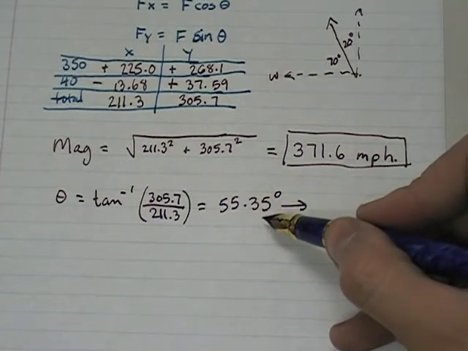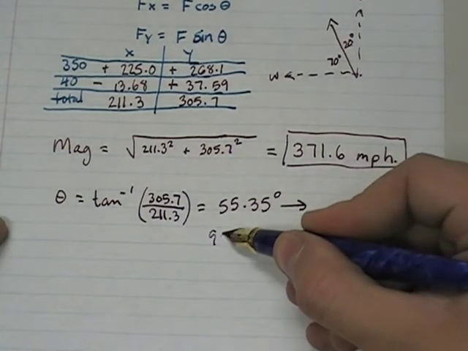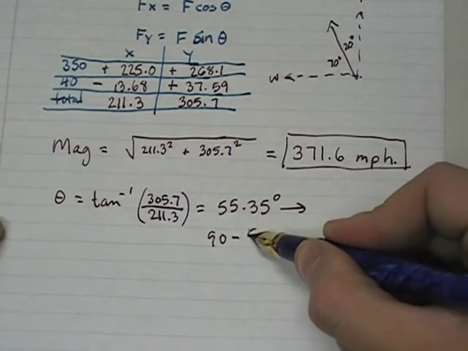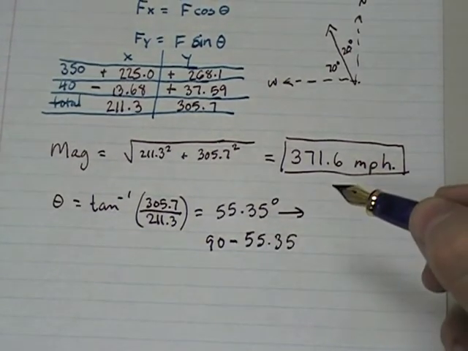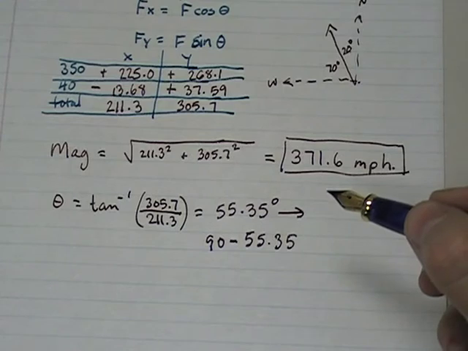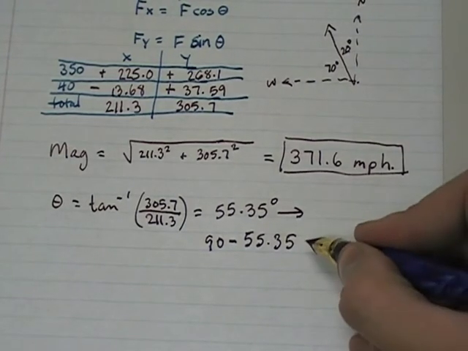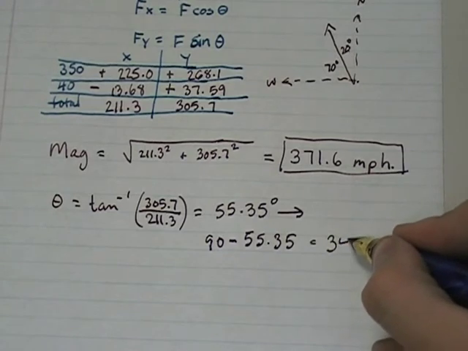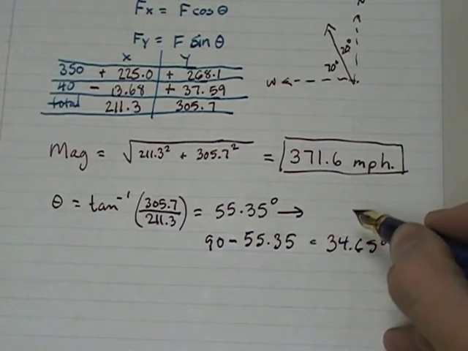Okay? Well, north and east meet at a 90-degree angle. So I'm going to ask you the question, what is 90 minus 55.35? And the answer to that is it's 34.65 degrees. 34.65 degrees.